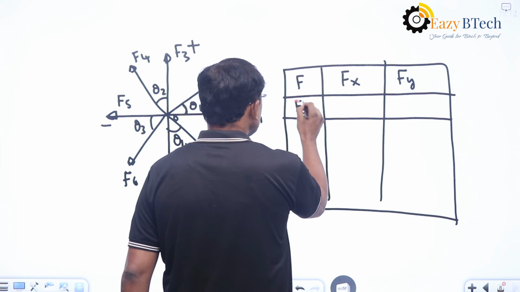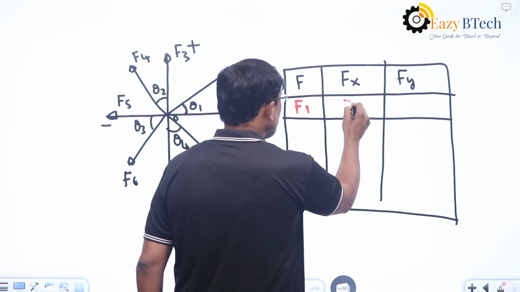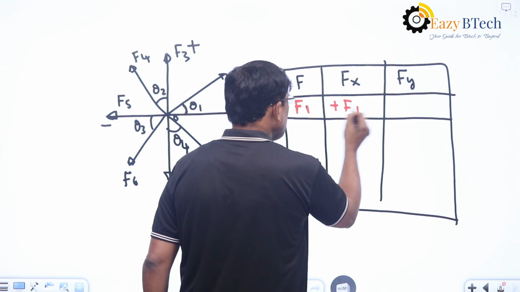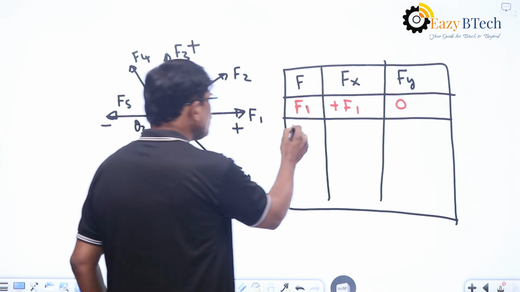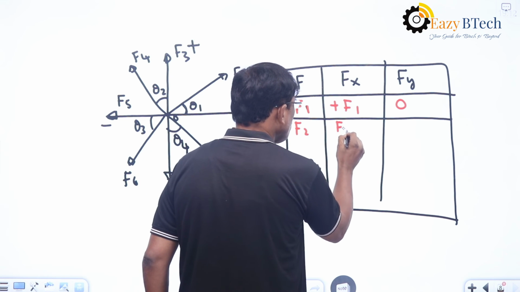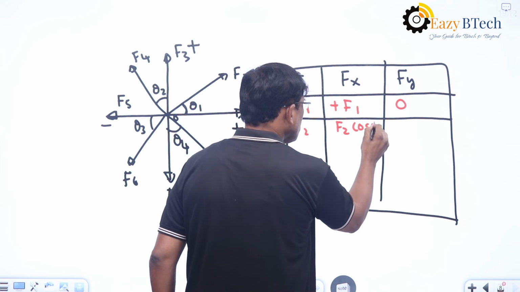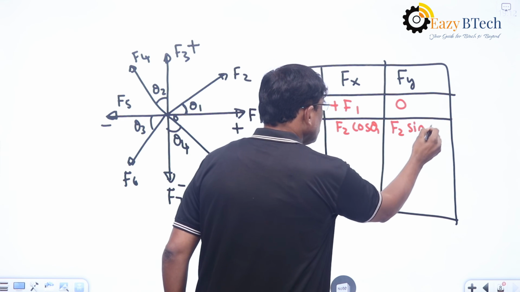So here, let us say if you take F1, as I told you, this becomes F1 and this is plus and y component is 0. And when it comes to F2, x component is F2 cos theta 1 and this one is F2 sin theta 1.